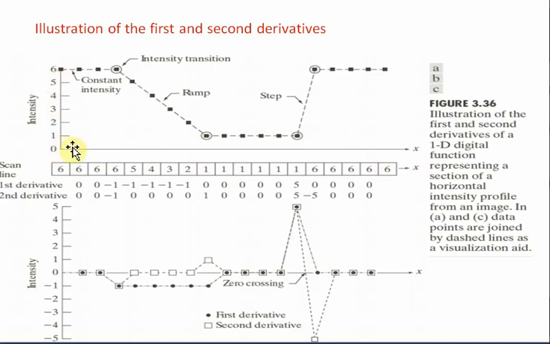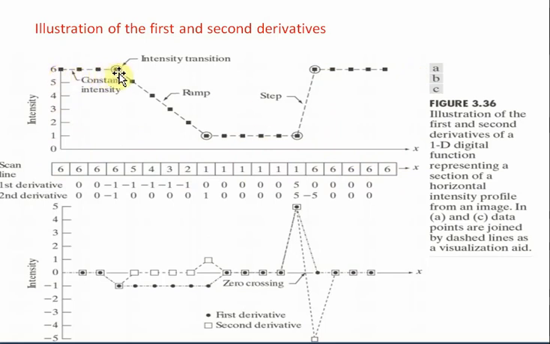After 1 unit distance, if it is x, the next one is x plus 1, then x plus 2, x plus 3, like 0, 1, 2, 3, 4, 5, 6, 7 and so on. At this position it is 6. See these intensities and mark the points here to establish one graph.